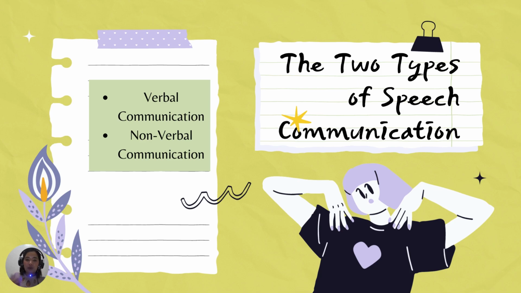When we talk about verbal communication, this is more of the spoken and written one when we try to communicate. When we talk about nonverbal communication, this is basically more of what we show to people when trying to communicate. Nonverbal communication is so helpful for us to convey meaning and to be an effective communicator. So let's move on.